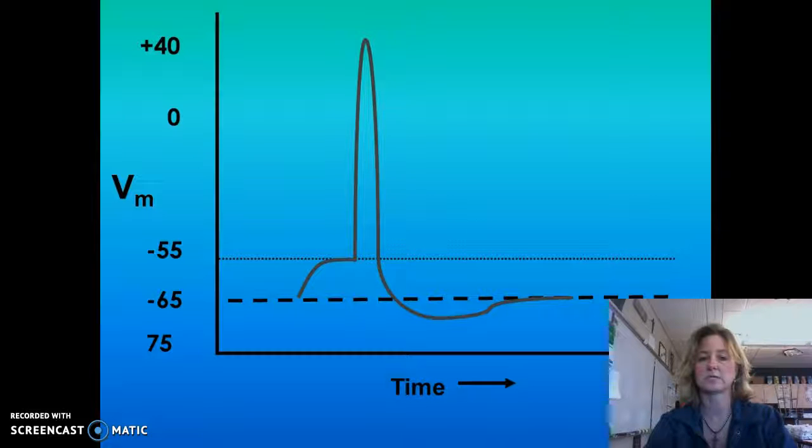The potassium channels are going to open and allow potassium to leave the cell, which is going to cause those membranes to become more and more negative again. So this is repolarization. But because the potassium channels are open so long, they go down below the resting, which is called hyperpolarization. And in order for us to have another action potential, we need to reset. And so we see that the sodium-potassium pump is activated, and we're going to move 3 sodiums out to 2 potassiums in to get us back to this resting membrane potential.